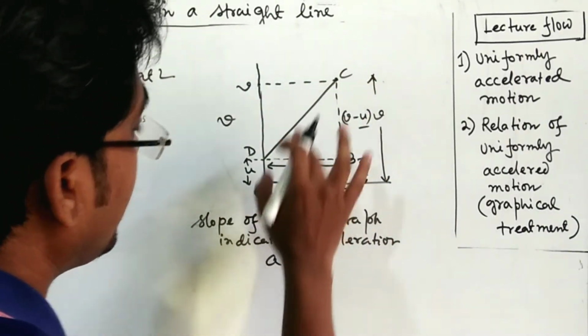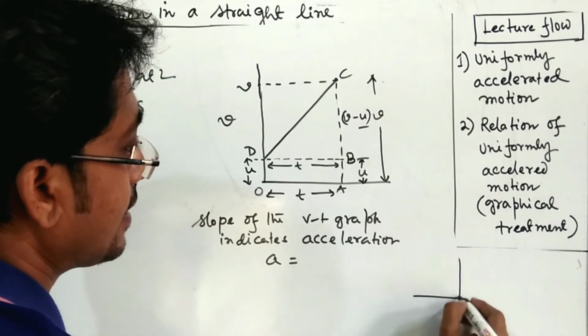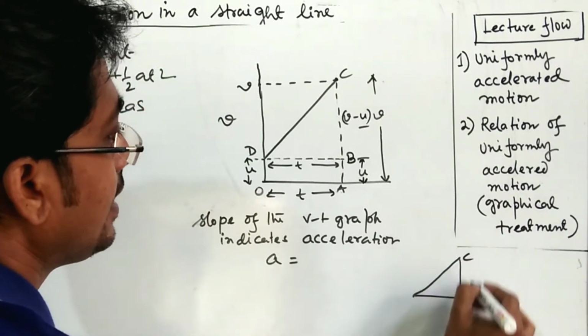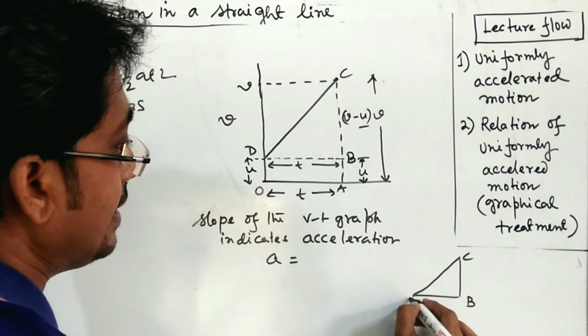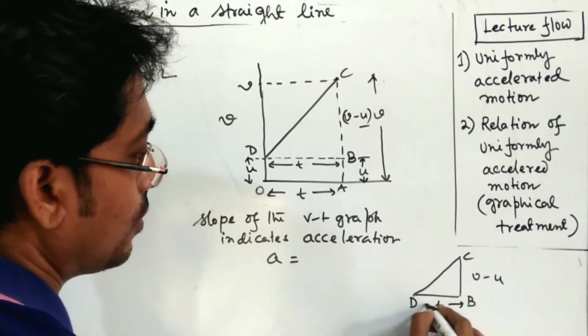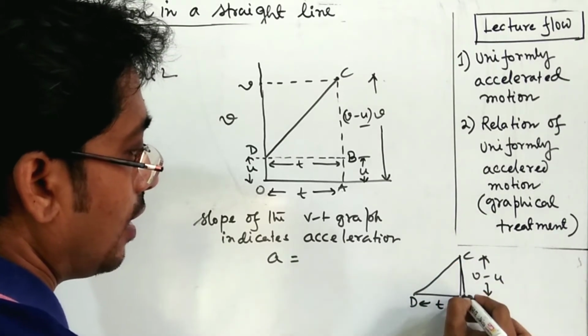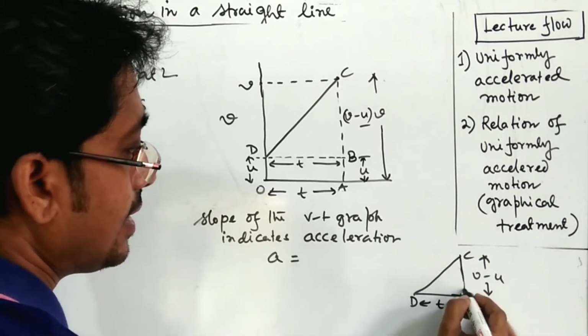So here one triangle is needed, so we are taking this triangle, that is C, B and D. So BC is equal to v minus u and this is t. And this is 90 degrees.